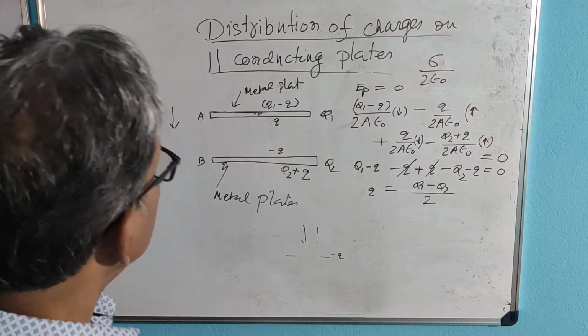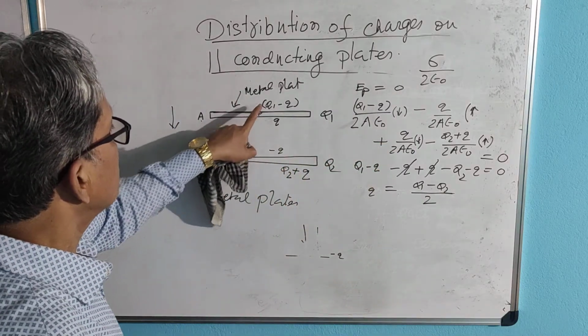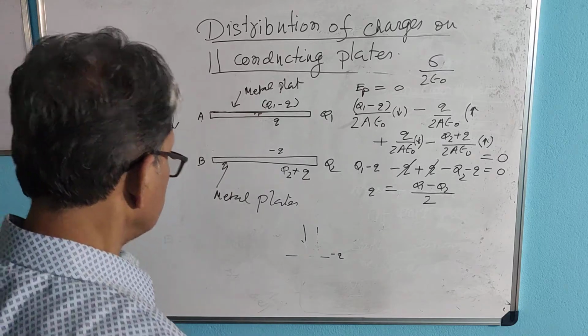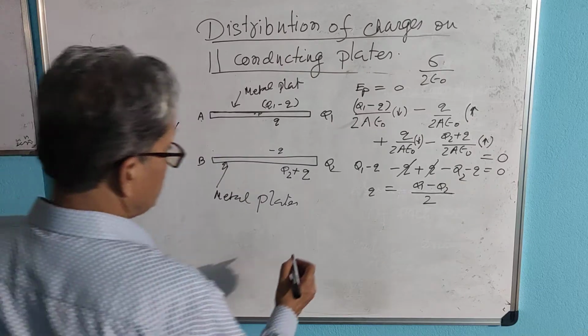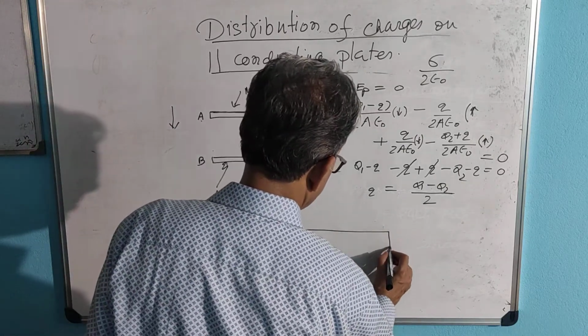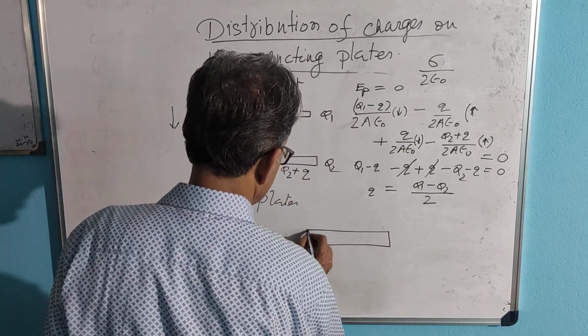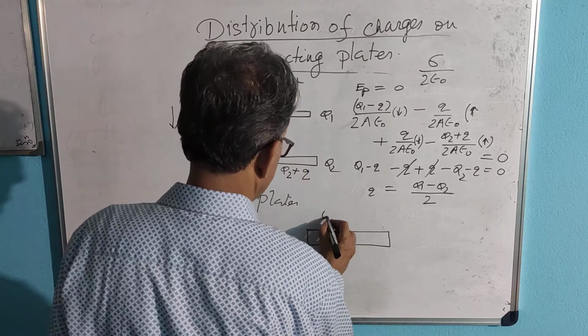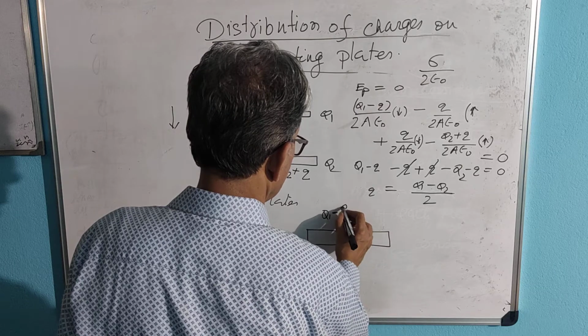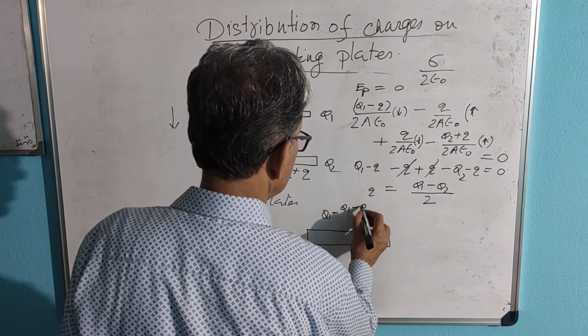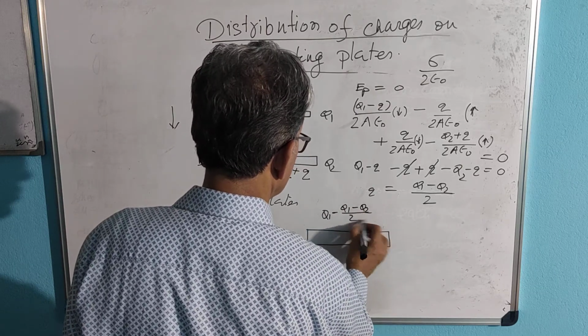Problem solved. So what will be the charge on the upper face of the upper plate? It is Q1 minus Q. That means Q1 minus (Q1 minus Q2) divided by 2.